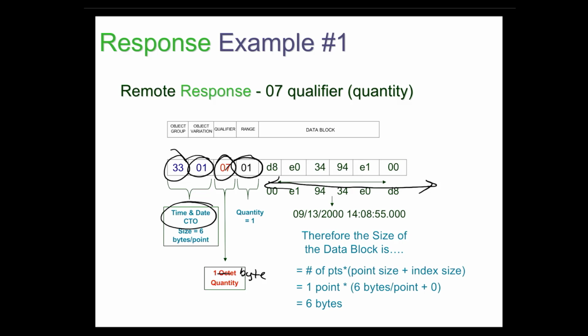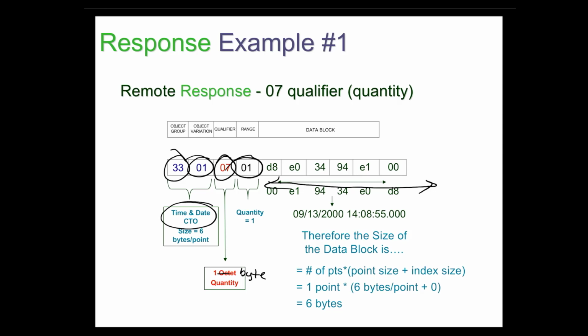And so what you'd have to do is look up that specific object group and variation in that binder that I talked about that describes all the data types and their formats in order to see how object group 51, variation 1, how each and every point is formatted to express this time and date CTO.